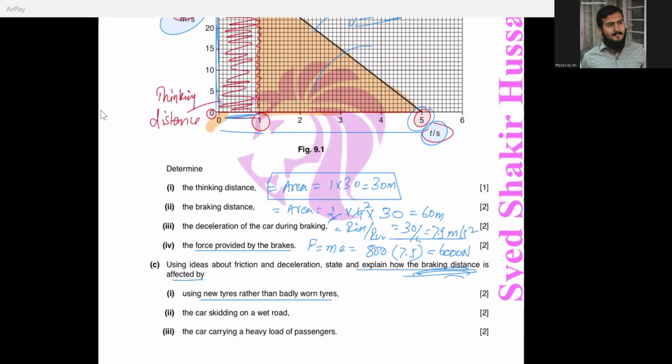So new tires mean more friction, which means less braking distance, hence less stopping distance.